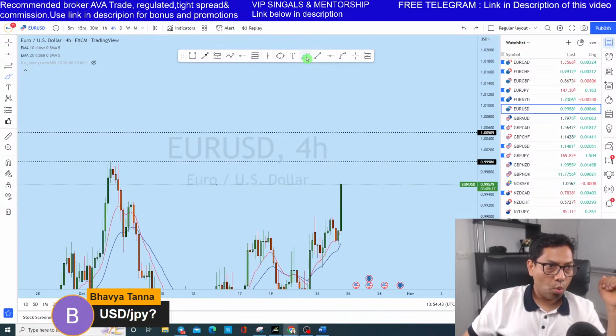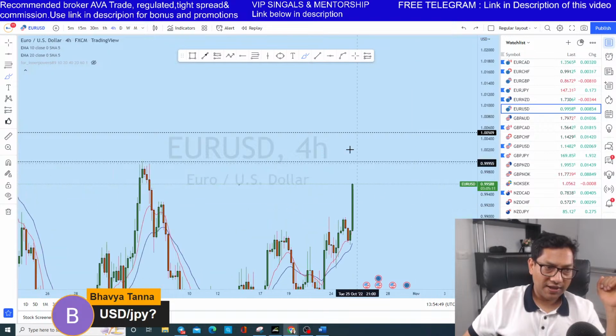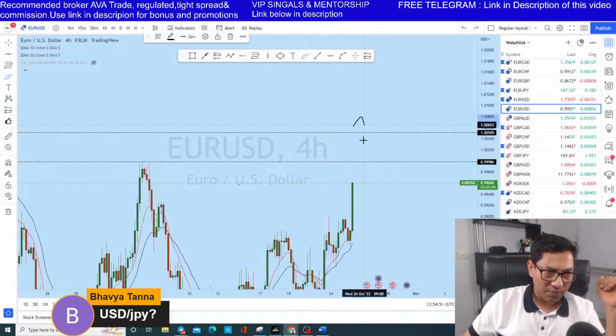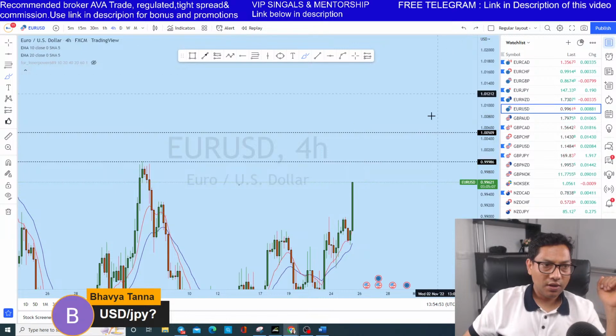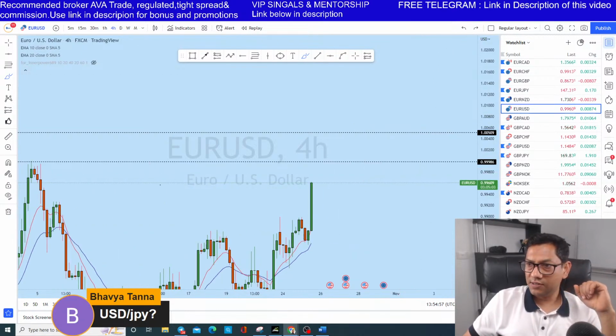If one candle hit all these levels, that's a sign of false breakout. That's a sign that the next one might come immediately back down, and then we could see some selling opportunity, guys.